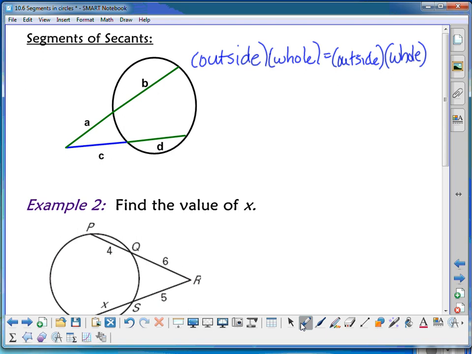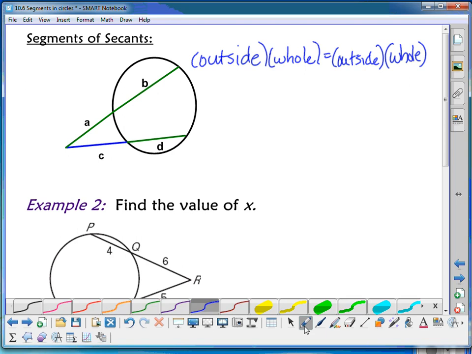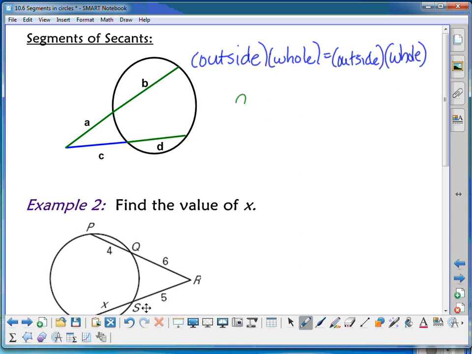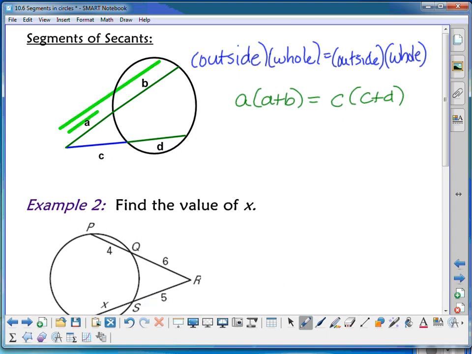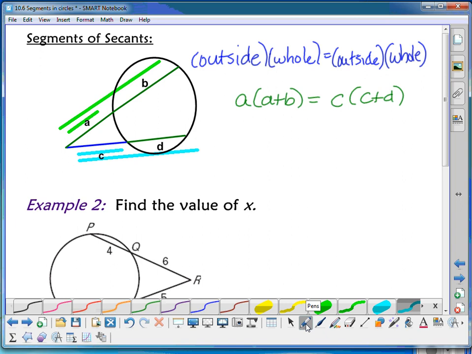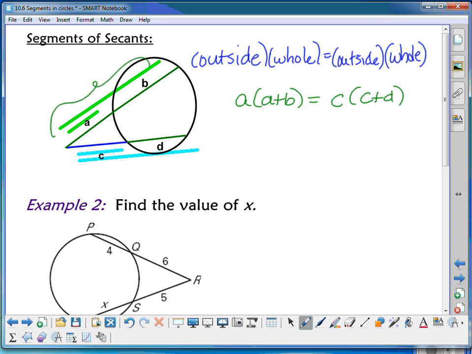So in my picture, that means that A times A plus B is going to equal C times C plus D. The outside times the whole thing is going to equal the outside times the whole thing. Of course, this whole length here is A plus B, and this whole length here is C plus D.